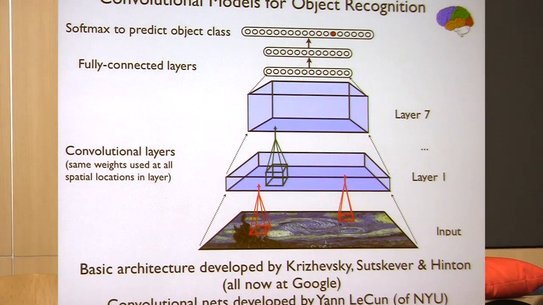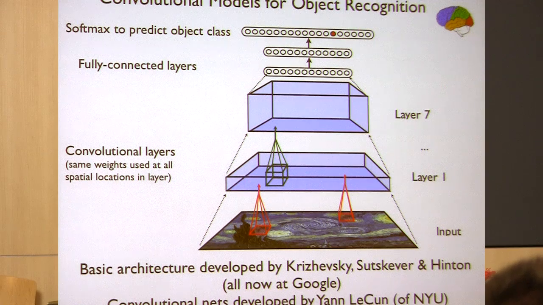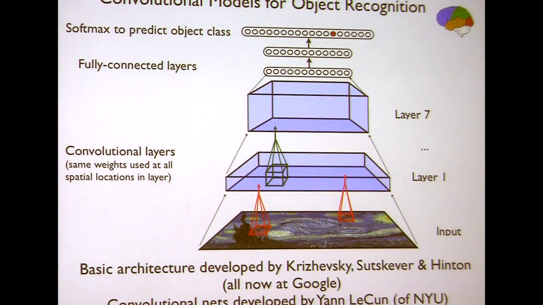This has the advantage that you now have many fewer parameters in the model, but you still use a fair amount of computation. You can make a big model with fewer weights by using a convolutional structure. And then at the top, you get a bunch of outputs that are still spatially oriented a bit. And then we're going to use some fully connected layers at the top, and then softmax to predict which of 1,000 different object classes something is.